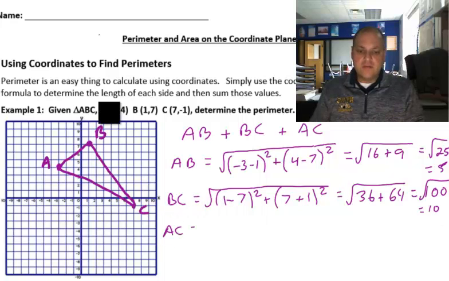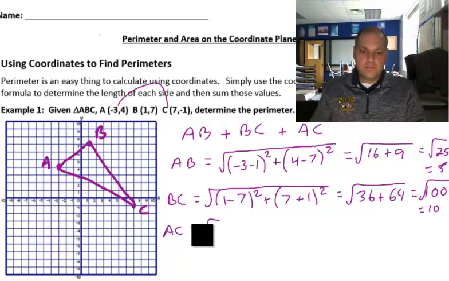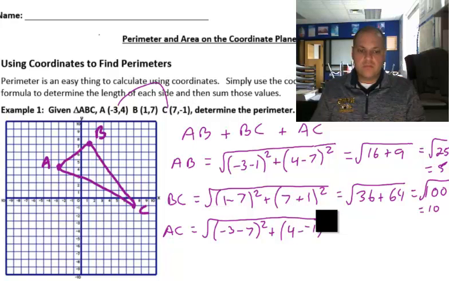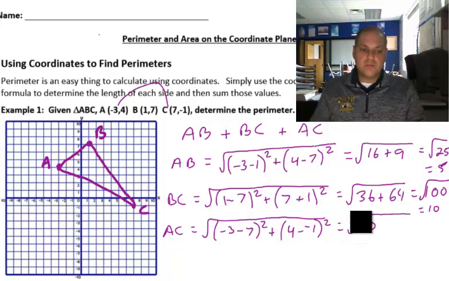Now AC, A to C. Negative 3 minus 7, and 4 minus negative 1. So that's going to be negative 10 squared, which is 100, and then 5 squared, which is 25.